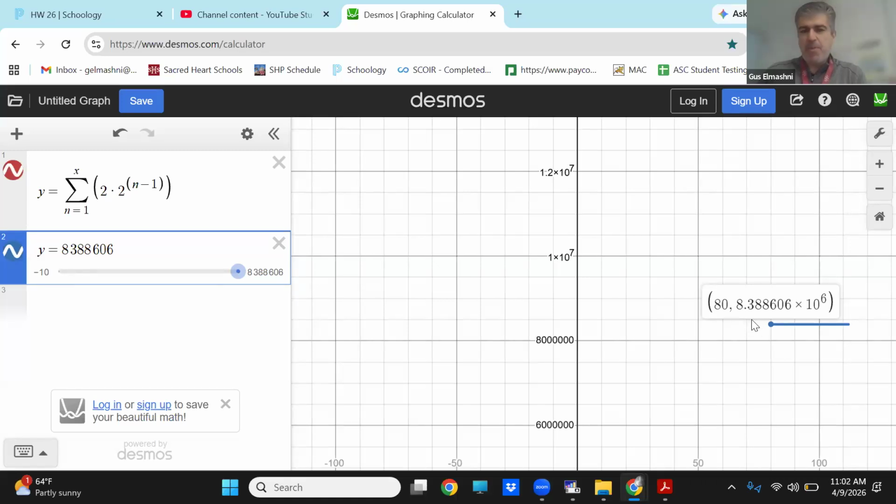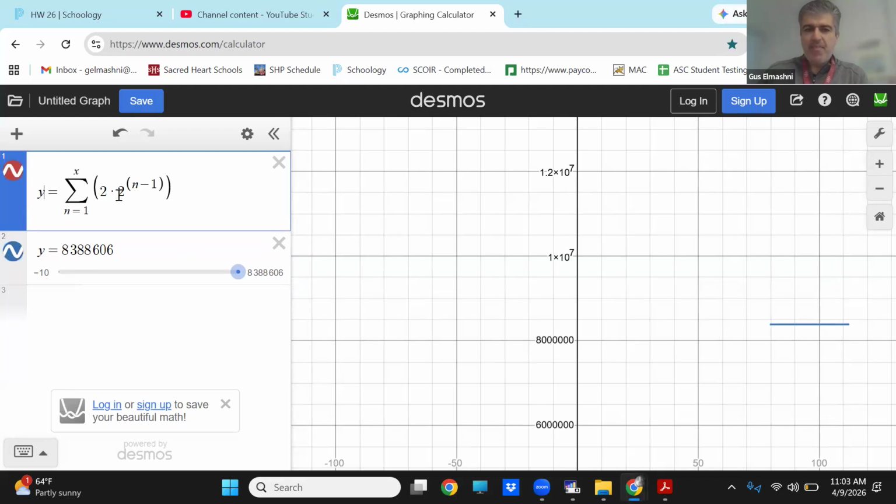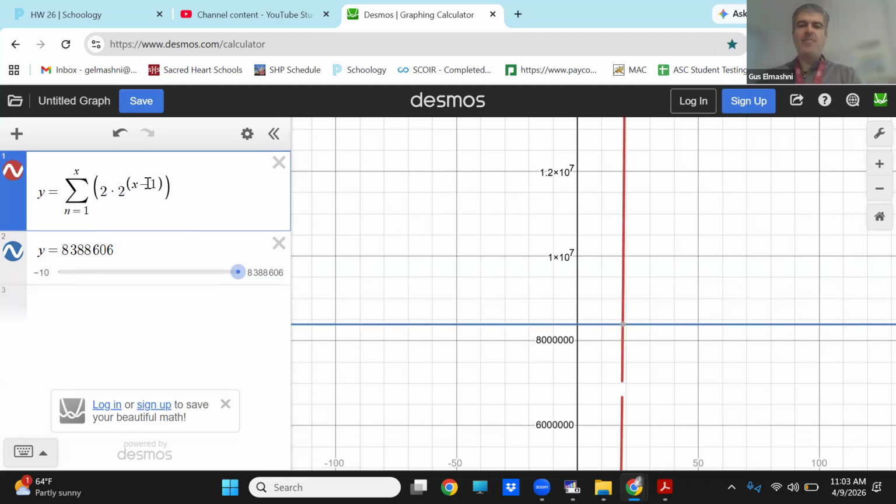Did I put something wrong in? 2 to 4, slider. No, because I want y to equal that. Doesn't that just become 2 to the n? It's 2 to the n. Okay. Ah, that's it.